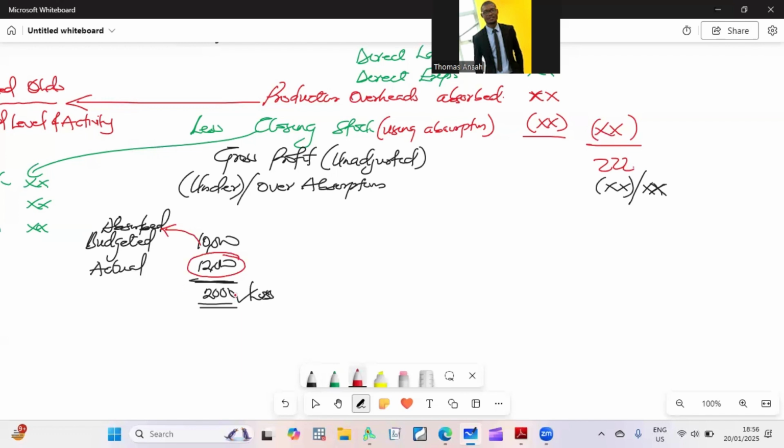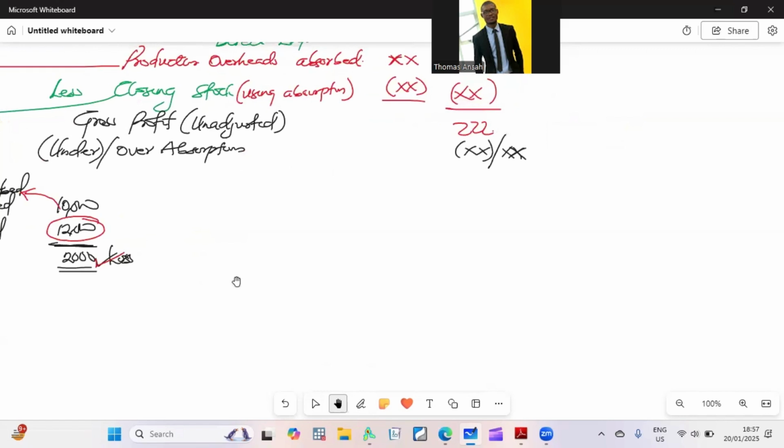Somebody has to take care of that, and it is a loss to you. If it is a loss, you have to deduct from your profit. But if it is over, then it means that you are going to enjoy taking that money from the customers, and it is a profit to you. So basically, that is how the under and over absorption thing works. And we are going to practice with an example so you understand it more.